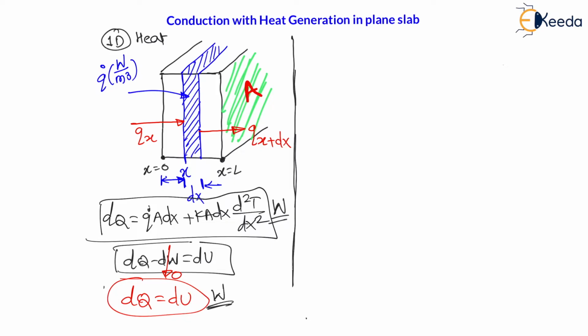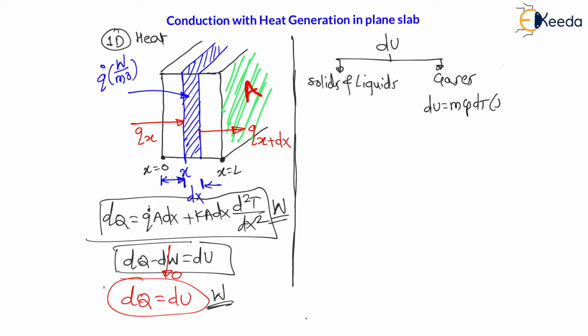Now my dear students, for any component, dU can be calculated for solids, liquids and gases. Let us understand for gases. You might have studied that for gases, the change in internal energy will be equal to m Cp dT, and the answer will be in joule.